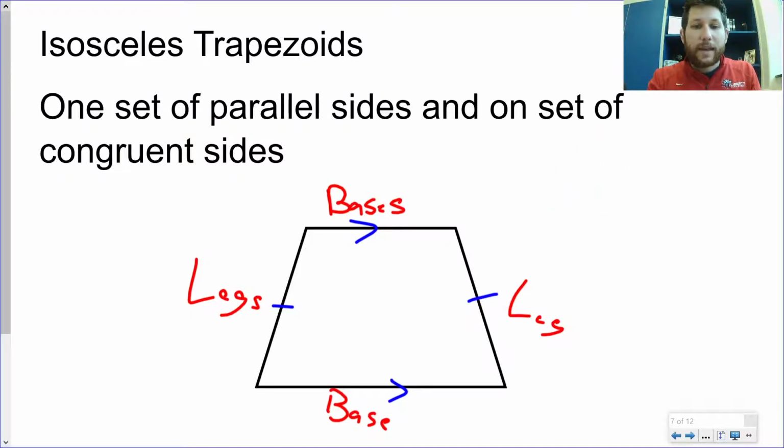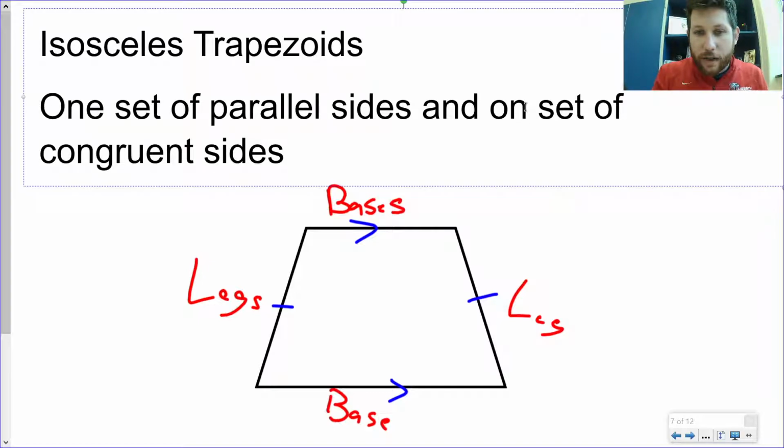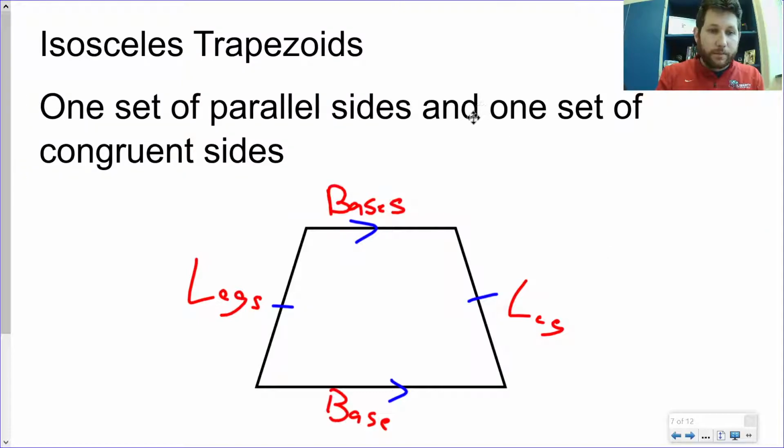So the same thing here, the isosceles trapezoid has two sides that are the same size. Now notice they're not the bases, we call them legs. So the parallel ones are bases, and the ones that are not parallel are called legs. So an isosceles trapezoid has one set of parallel sides, and that should not say one, that should say one set of congruent sides. All right?